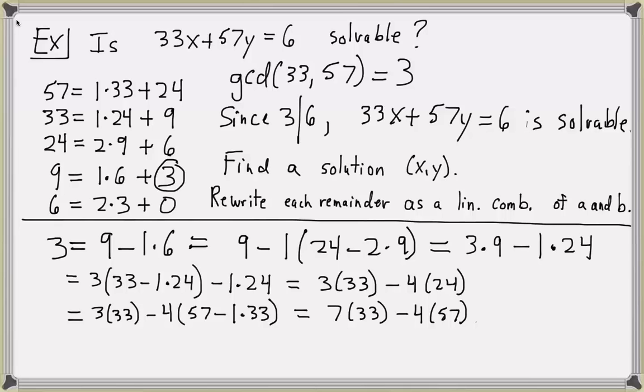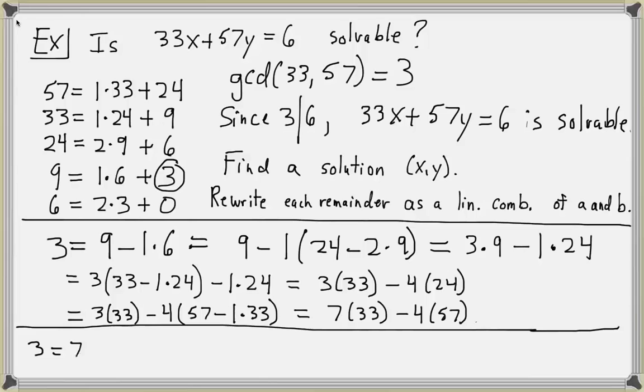So what I've just shown is that I can write 3 as 3 equals 7 times 33 minus 4 times 57.